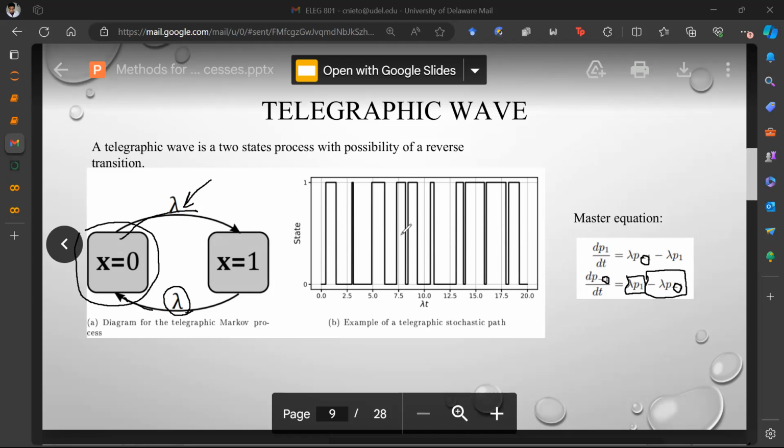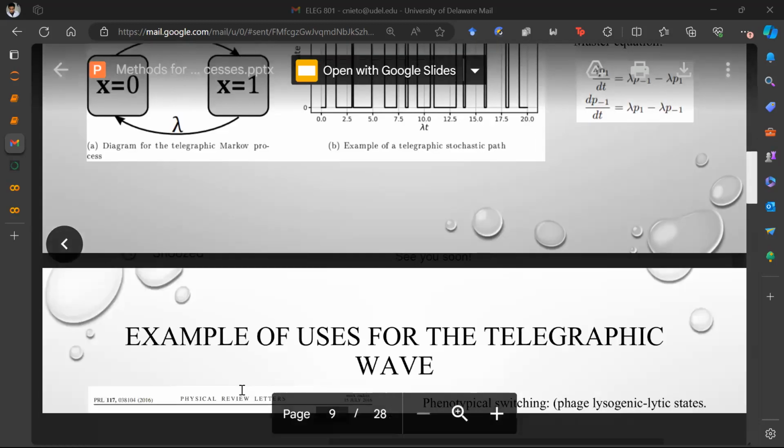And you have the same for P1. You have an influx from 0, so you have lambda times P0 minus lambda P1, that is the efflux. So you can propose this equation, this master equation.